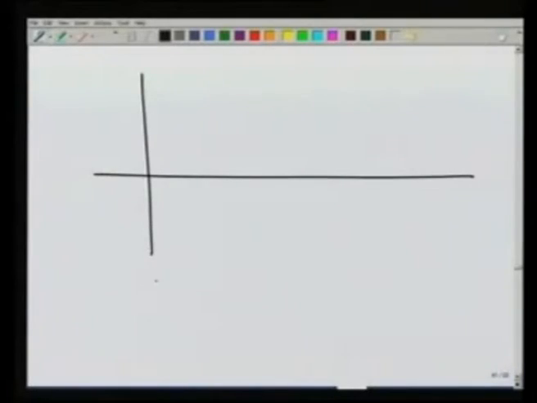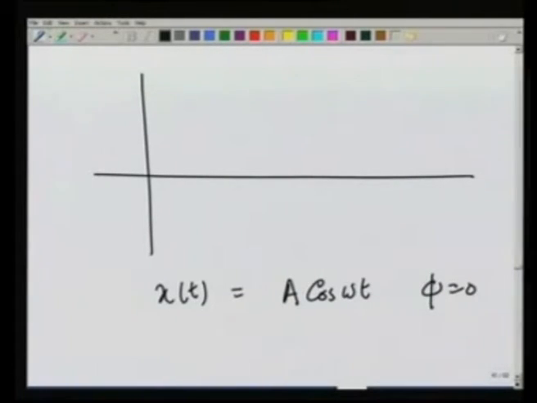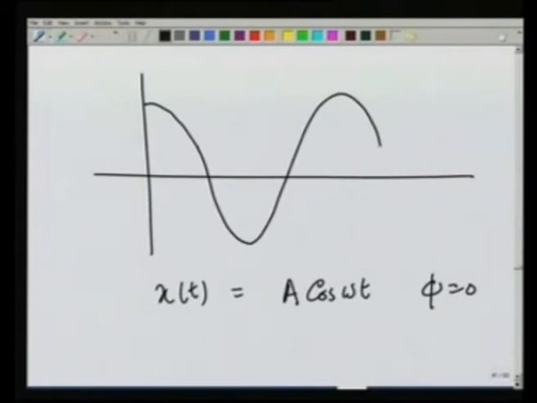Let us see it graphically. If I were to plot x(t), let us take the case of a simple motion where phi is taken to be 0, then x(t) would look like this. If I square it, x square would be a square cosine square omega t, which is all positive.